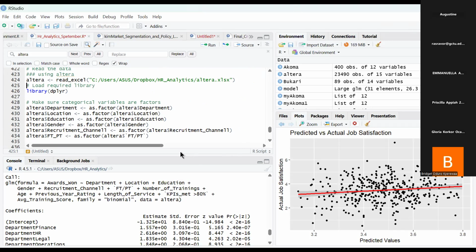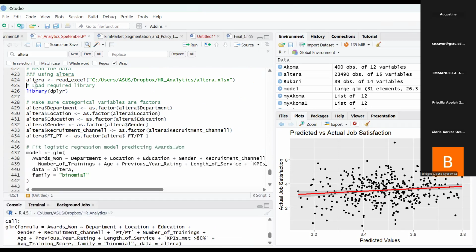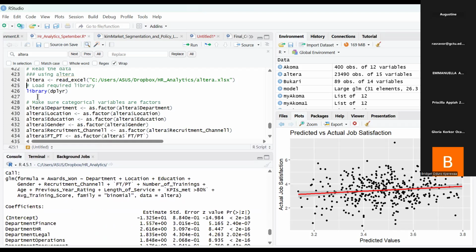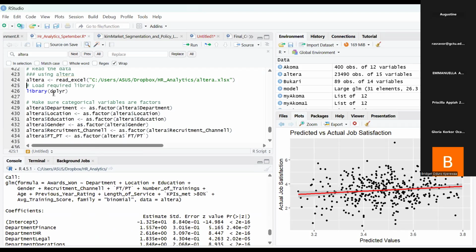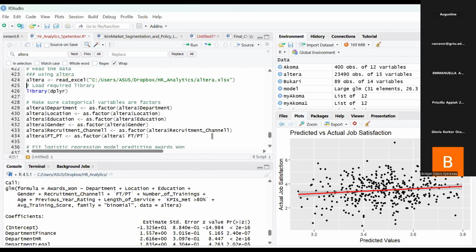So let's start. You read the Altera data, and then you load the library. Load this library called dplyr. Please, have you done so? Or should I give you a few minutes?